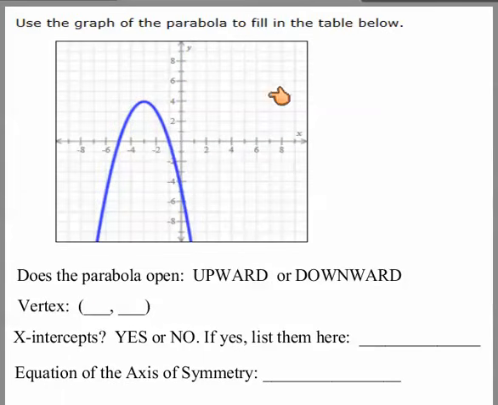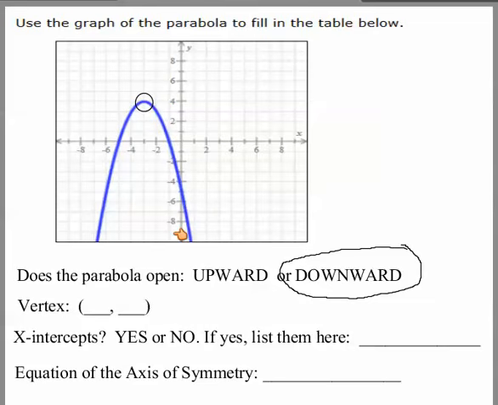Okay, so here's our last example. Notice this parabola looks different than the others. This one is opening downward. So therefore, our parabola opens downward. We then go to find our vertex, which we know is the highest or lowest point. Now, when the parabola is opening downward, the vertex is the highest point on our graph. Everything goes downhill from here, so highest point and then down, down.